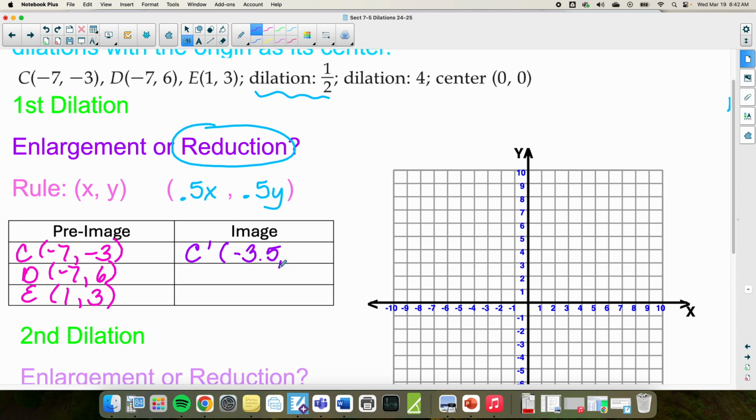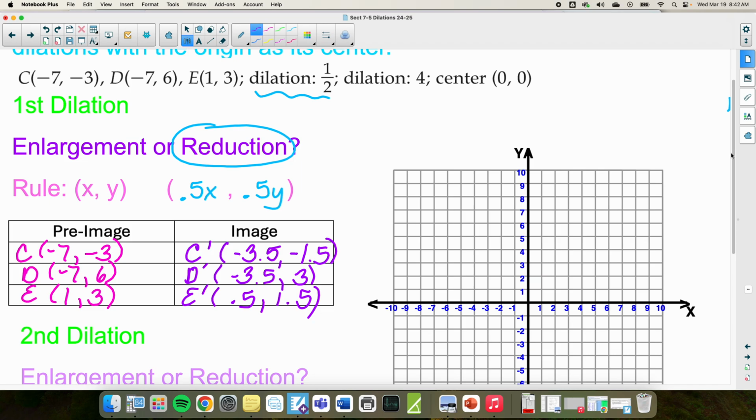Half of -3 is -1.5, okay? Then when we go to do D prime, half of -7 again is -3.5. Half of 6 is 3. And when we go to do E prime, 0.5 times 1 is 0.5. And half of 3 is 1.5, okay?